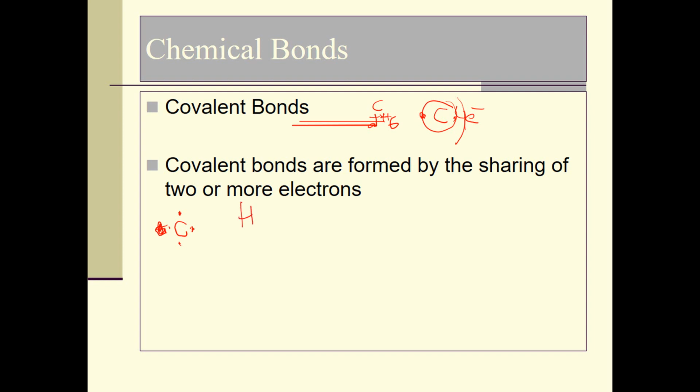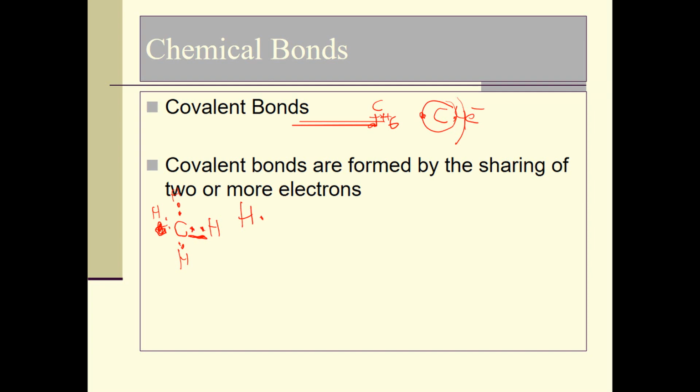If we take a look at hydrogen, hydrogen has 1 electron. So it needs 1 more to fill its valence shell. So what's going to happen is a hydrogen will come along here. Hydrogen will come along here. Another hydrogen here. And a hydrogen here. So if we take a look at just this bond right here, it is formed by carbon sharing its 1 electron, hydrogen sharing its 1 electron.